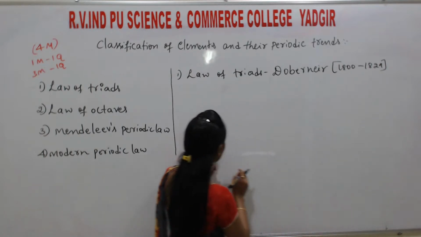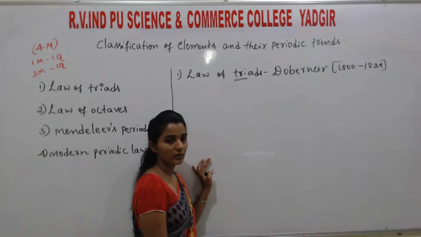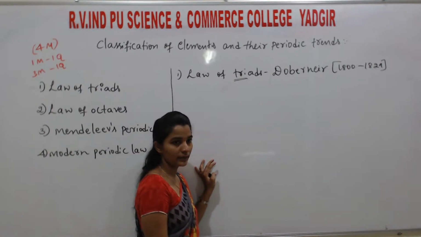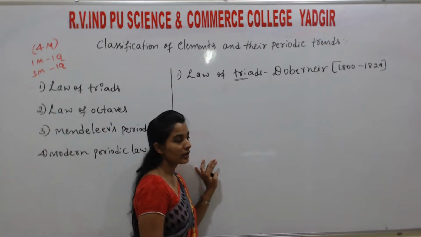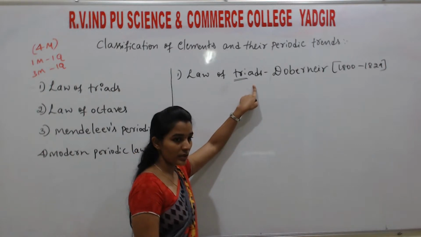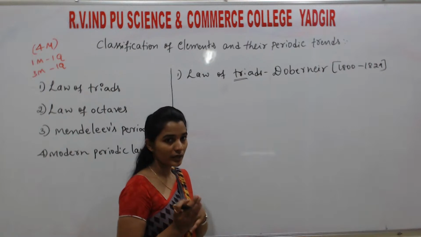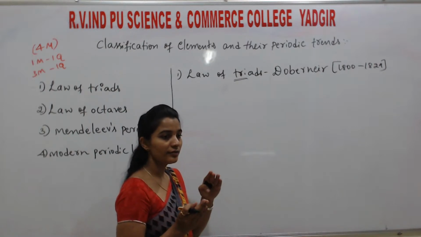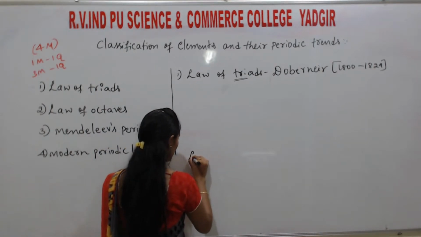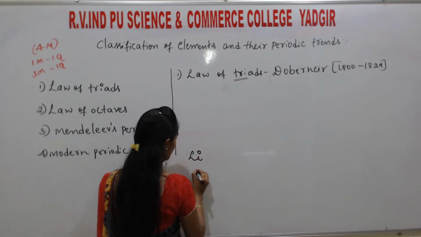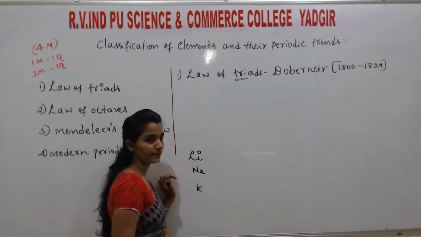So first I will give a set of triads. Tri means how much? Tri means 3. Correct? Mono means 1, di means 2, tri means 3. So law of triads means a set of 3 elements. He explained a set of 3 elements. So first I write here lithium, sodium, potassium.